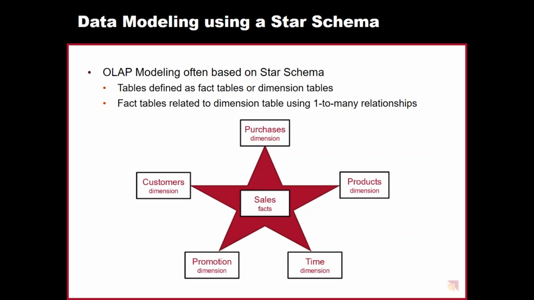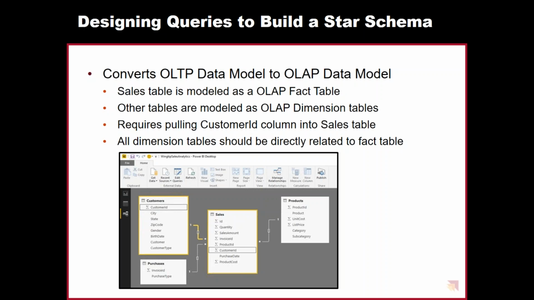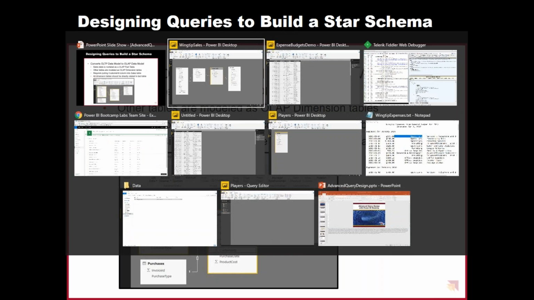So for things like the customers table and the products table, those are dimension tables. And one of the key things about having a star schema is that every dimension table is directly related to the fact table. Okay, so here's what we want to create.